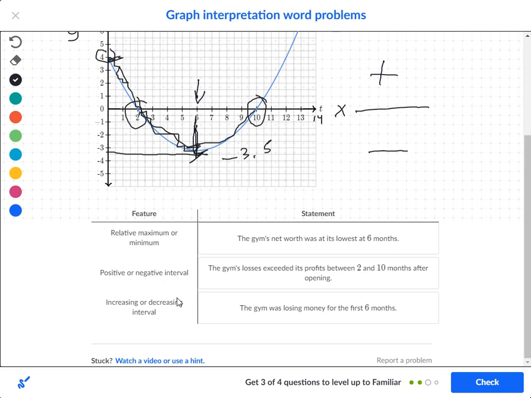If you're just doing positive or negative intervals, the whole section's got to be above the x to be positive, or below the x to be negative. That's the difference between those two, because they sound almost the same, but they're not. Remember, for positive and negative intervals, the whole thing's got to be there. For increasing or decreasing, it doesn't matter if you're above the x or below the x.